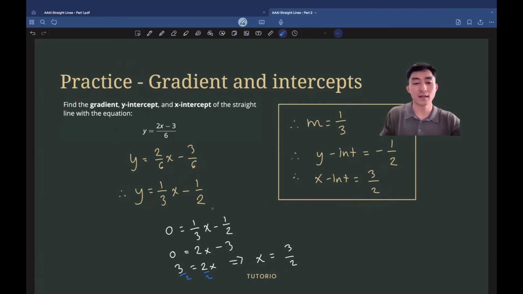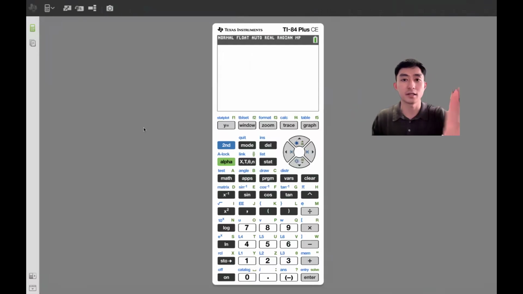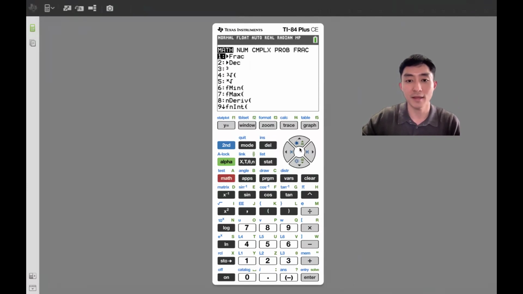We can just write this equation equals 0, and I will show you on both calculators, the Texas Instruments TI-84 and the TI-Nspire as well. So first, on the TI-84, we solve for x. We use math and go into the numeric solver.